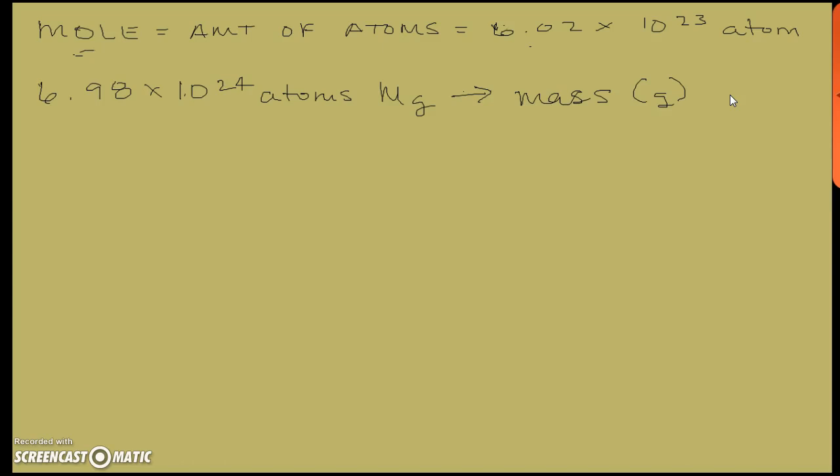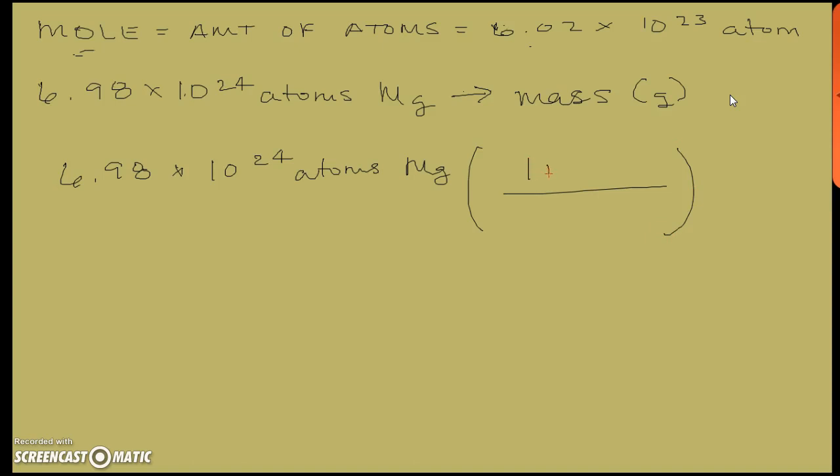So when I'm doing these problems, I'm going to use the method dimensional analysis. And I'm going to start with what I'm given, which is 6.98 times 10 to the 24th atoms of magnesium. I'm going to convert that using the mole ratio.